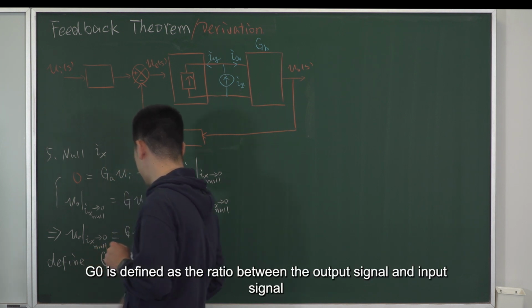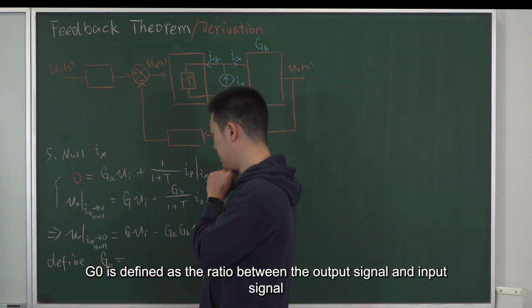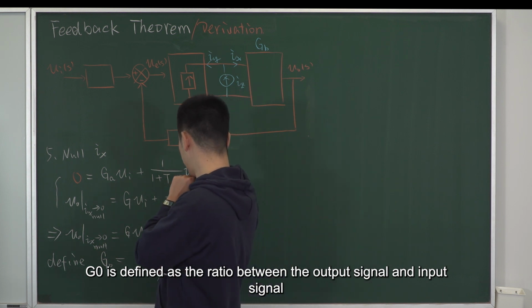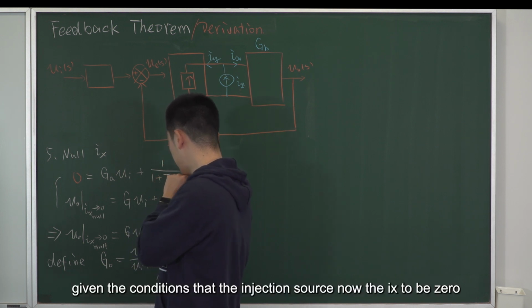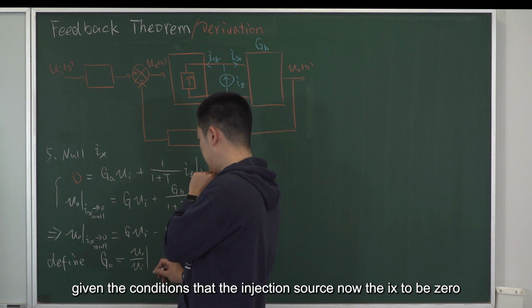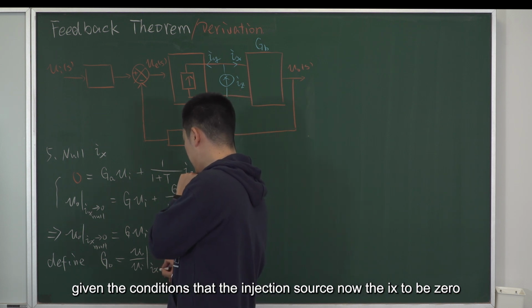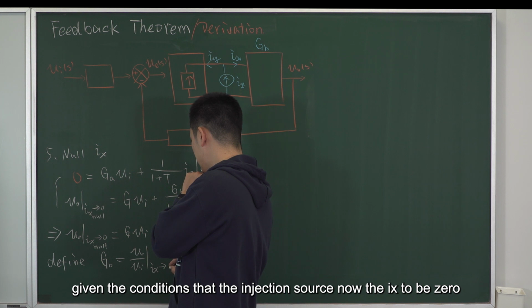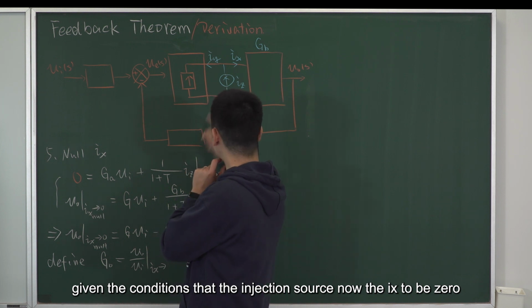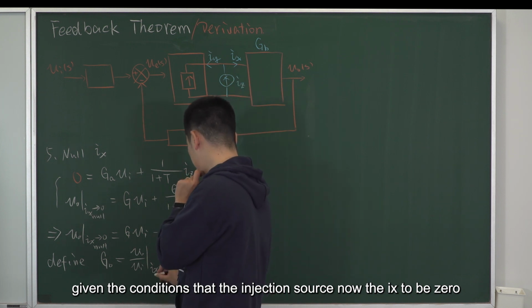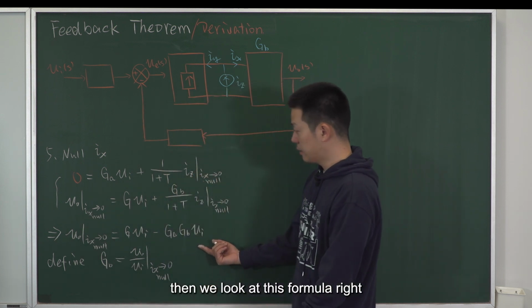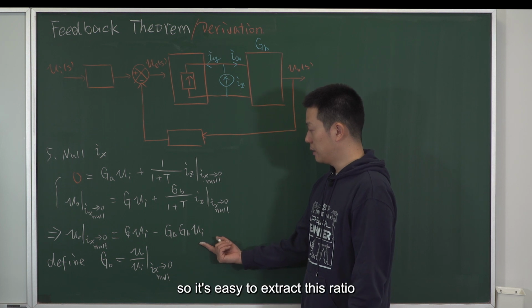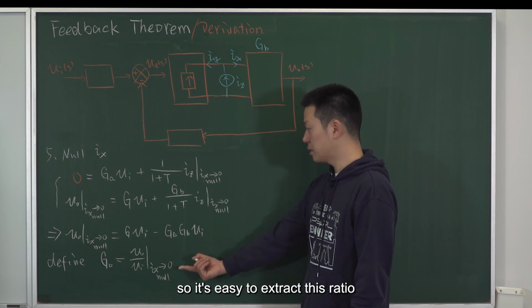G0 is defined as the ratio between the output signal and the input signal, given the condition that the injection source Ix is now 0. Then we look at this formula, right? So it's easy to extract this ratio.